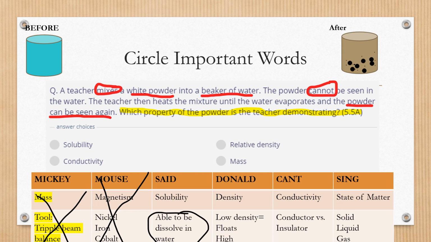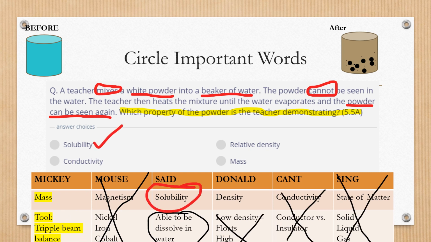Did they have an electric circuit to test for conductivity? No. Did they mention anything about solid, liquid, or gas experiment? No. It cannot be state of matter. The answer is solubility. The teacher could not see the powder, but after the water was evaporated, it was there.